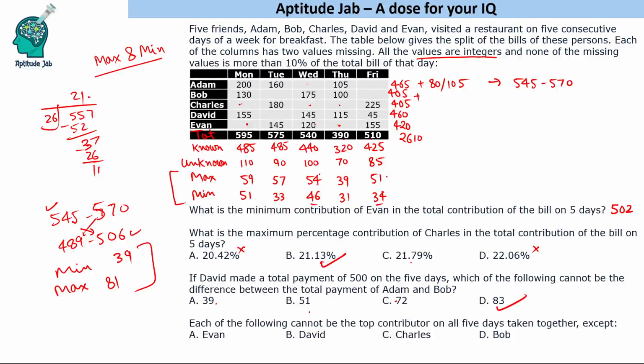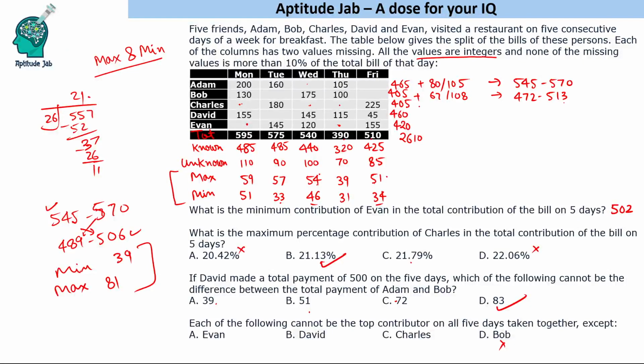Now Bob has contributed 405. His minimum can be 67 and maximum 108. So that can be 472 to 513. So he cannot be the top contributor because even if he contributes the maximum, it is less than the minimum of this person.